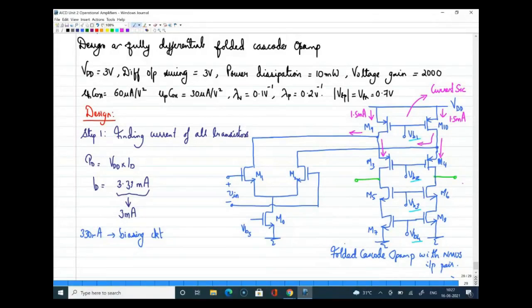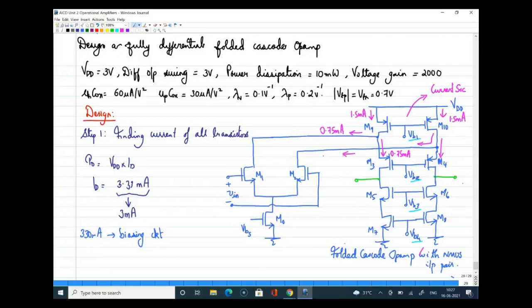Now how can I split this? Depending on several modes we can split, but the very simple way is to split equally. So I can say that 0.75 milliamps is flowing towards the input transistor and the rest 0.75 is flowing this side.